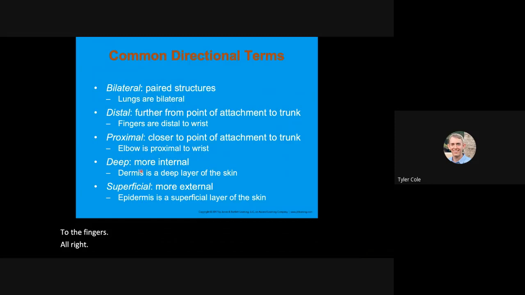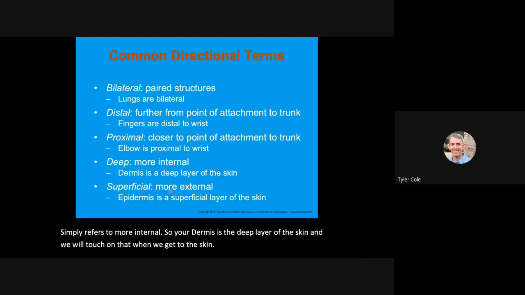Deep simply refers to more internal. Your dermis is the deep layer of the skin, and we will touch on that when we get to the skin. Superficial refers to more external. The epidermis is the superficial layer of the skin, or the most external.